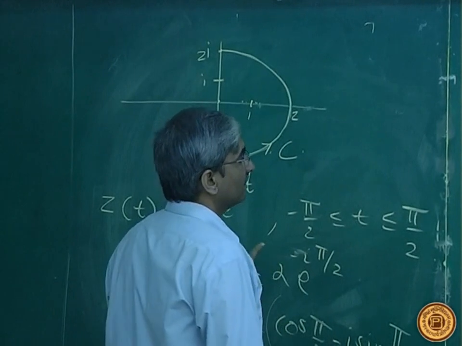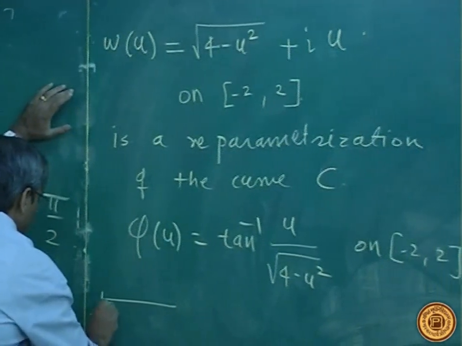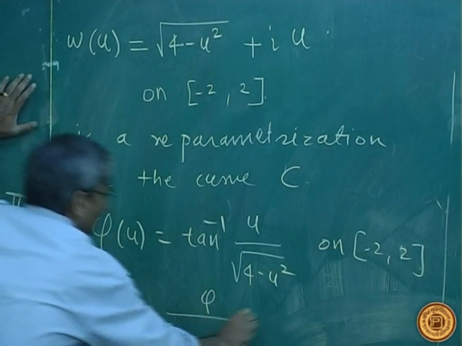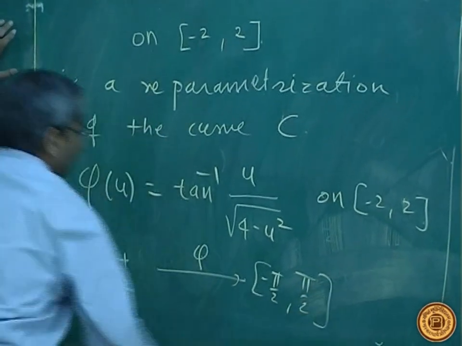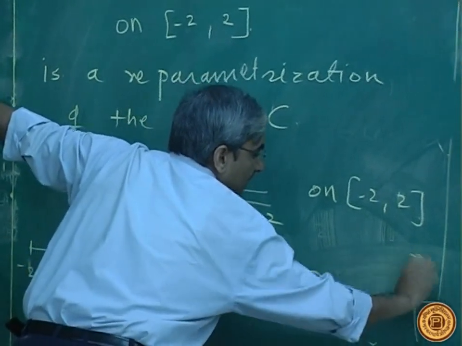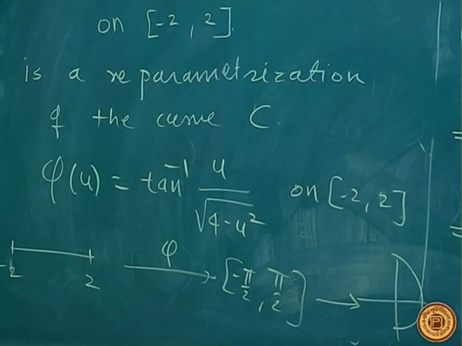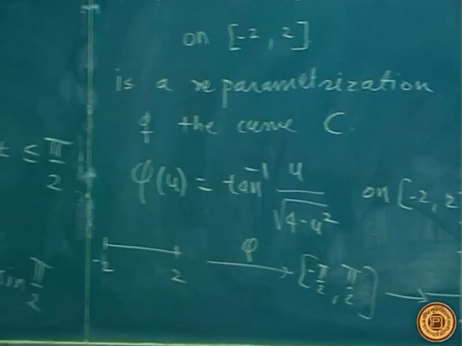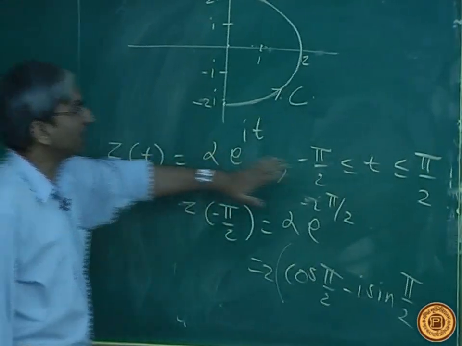Is this clear? And then to the complex plane where actually the curve is traversed. This function is 2 e raised to it, which is given by zt, 2 e raised to it, on minus pi by 2 to pi by 2.